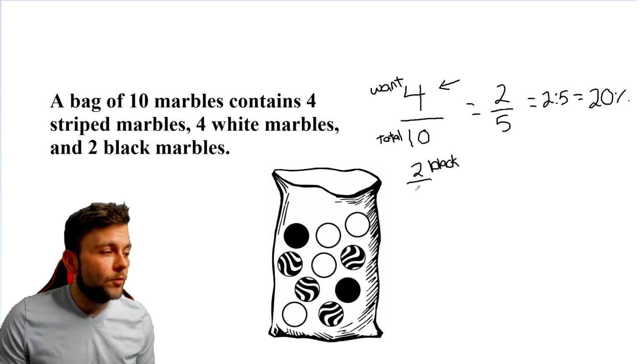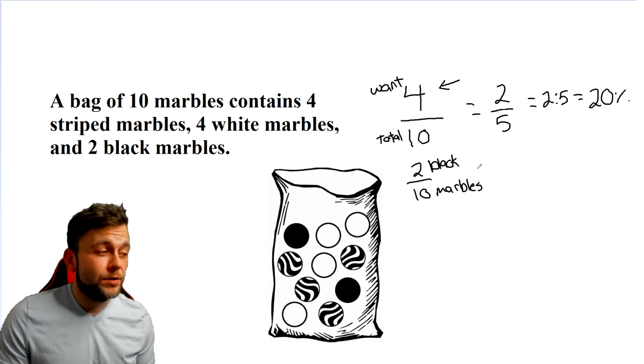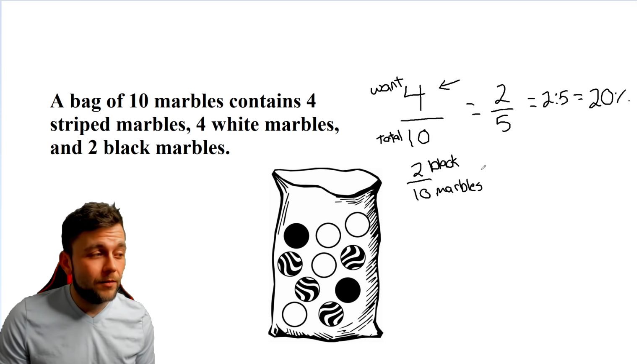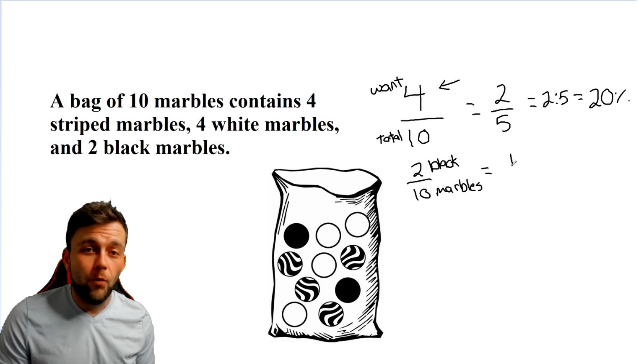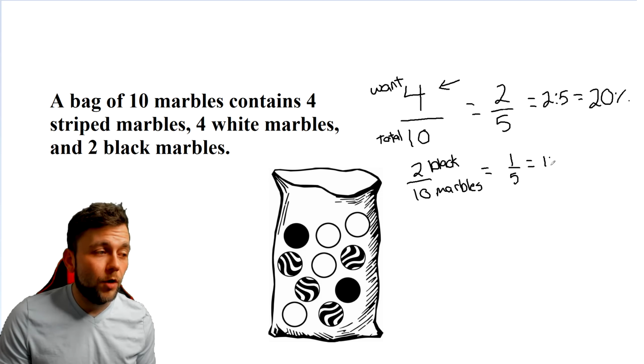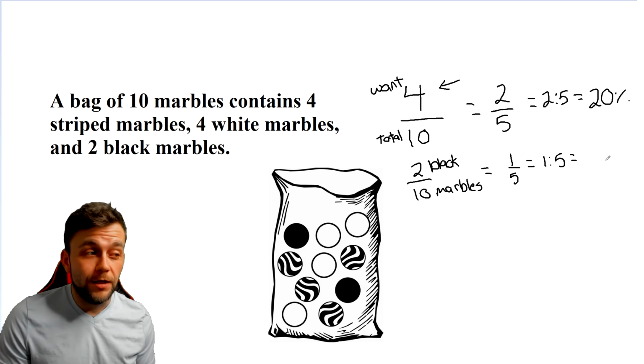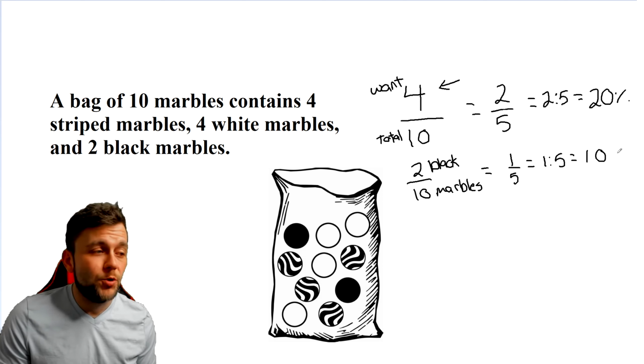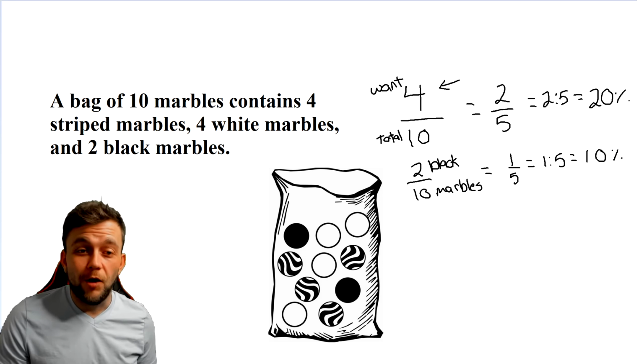And on the bottom, we have 10 total marbles. So it's 2 out of 10. Reduce the fraction, 1 out of 5. Or 1 to 5. And lastly, 1 out of 5 is half as much as 2 out of 5. So that is 20%. All right, so that's our first nice, easy example.